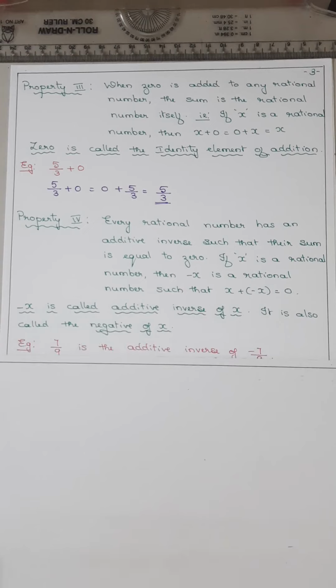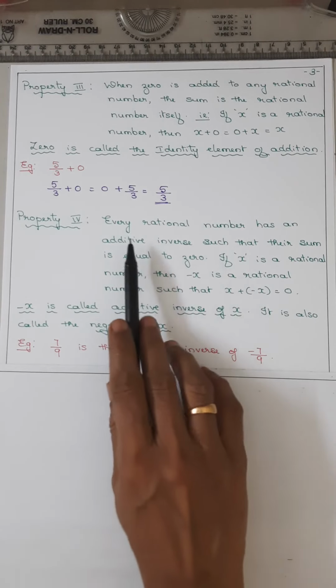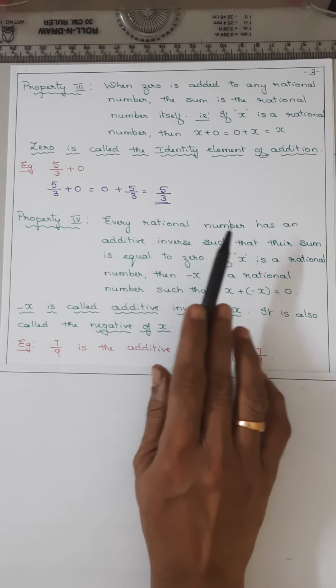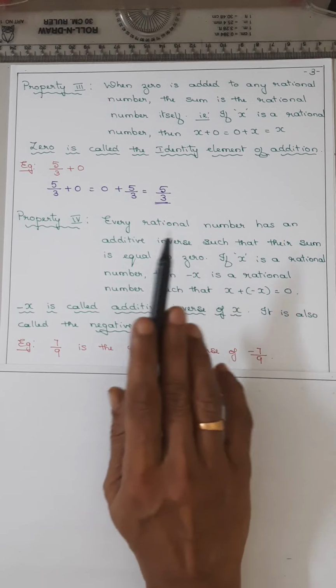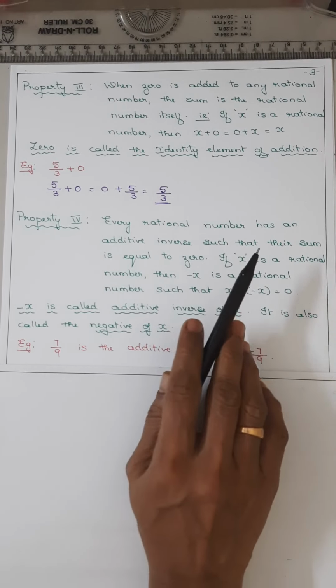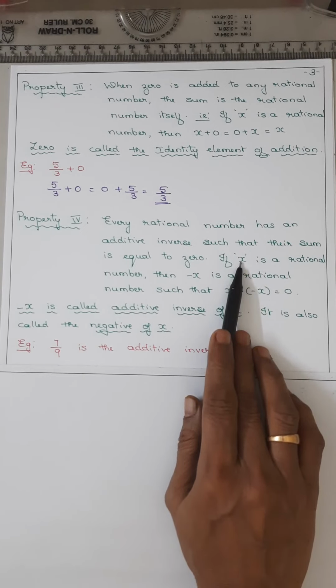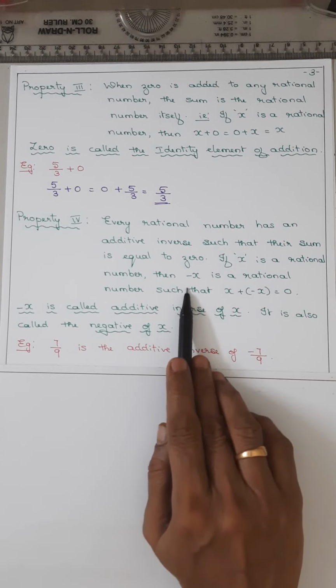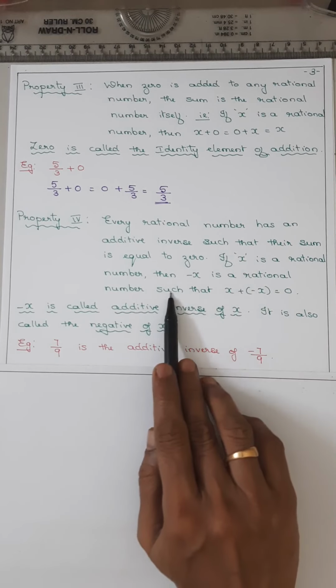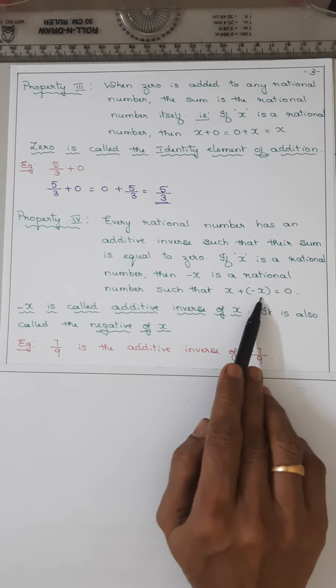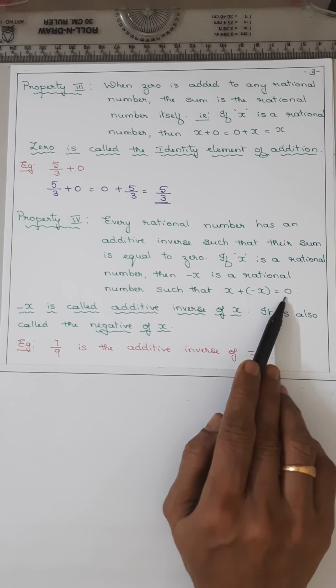Now coming to property 4, every rational number has an additive inverse. Remember, additive inverse, such that their sum is equal to 0. If x is a rational number, then minus x is a rational number such that x plus minus x is equal to 0.